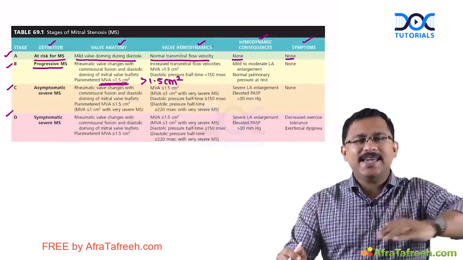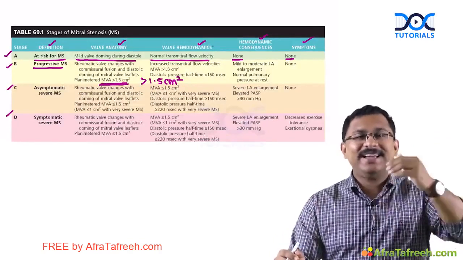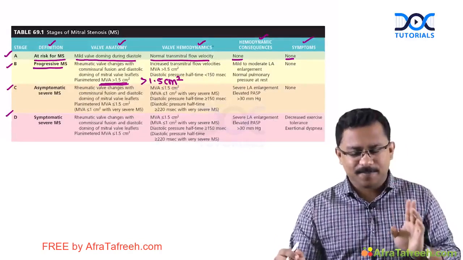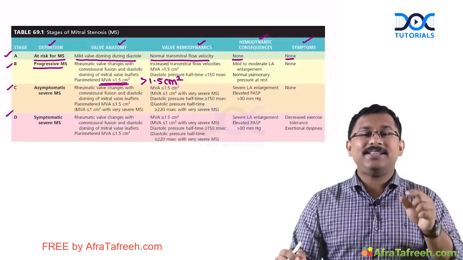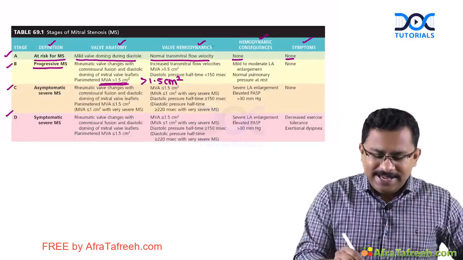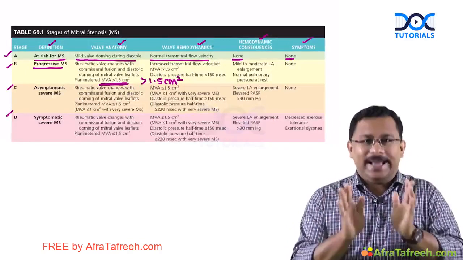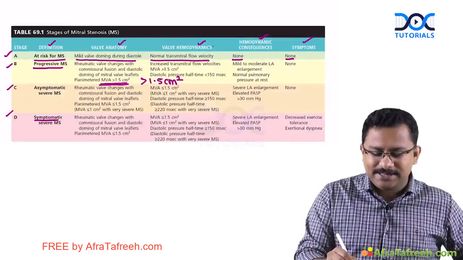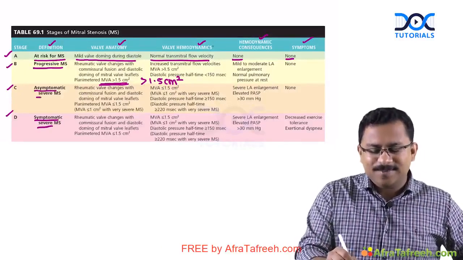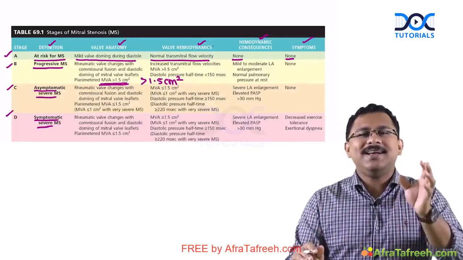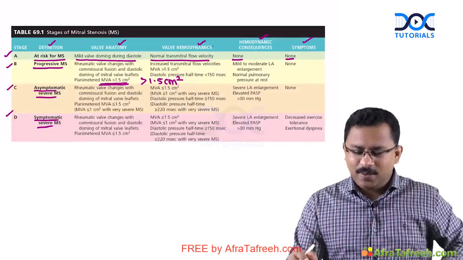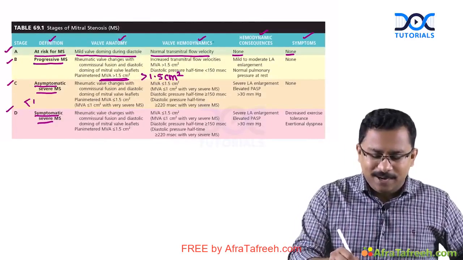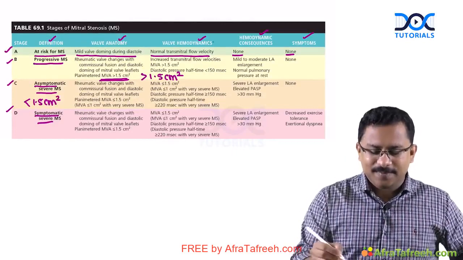Because from stage C onwards, the valve area is less than 1.5 centimeter square, both C and D. So B is the stage of progressive MS, and C and D are essentially the same, except that D is symptomatic severe MS, whereas C is asymptomatic severe MS. So both are severe mitral stenosis, and in both of them the valve area will be less than 1.5 centimeter square.